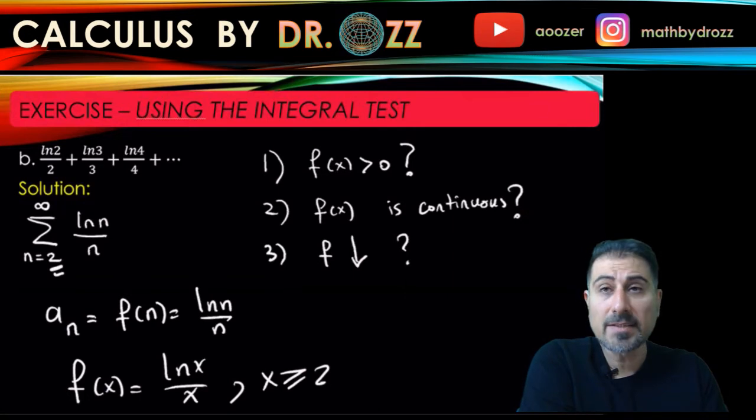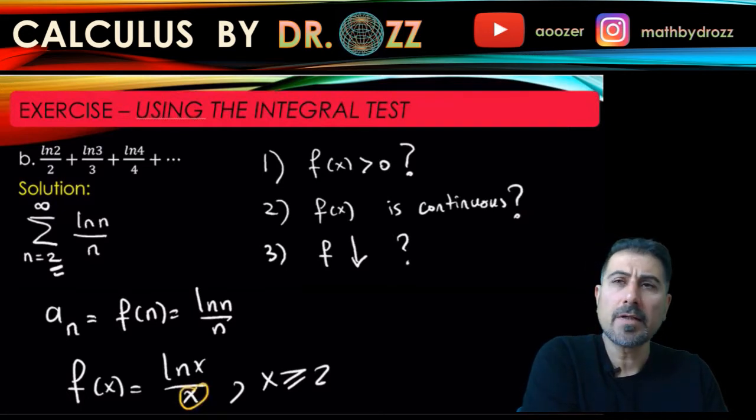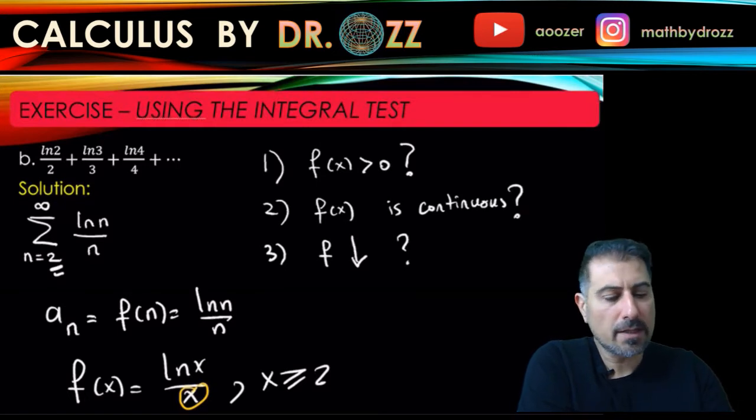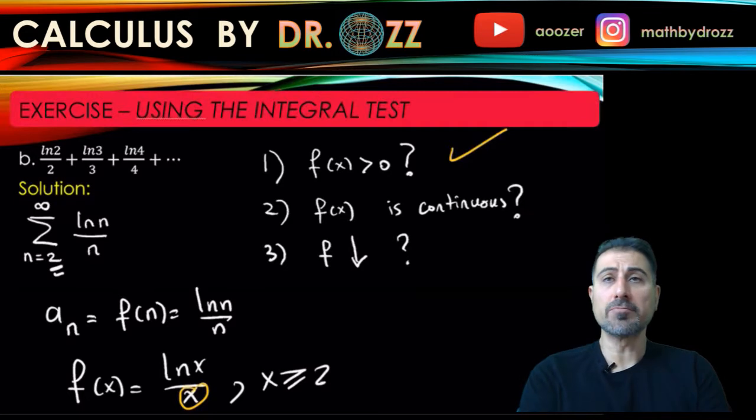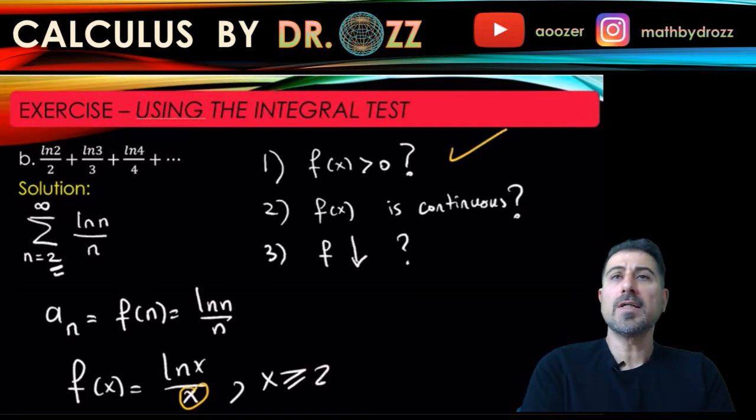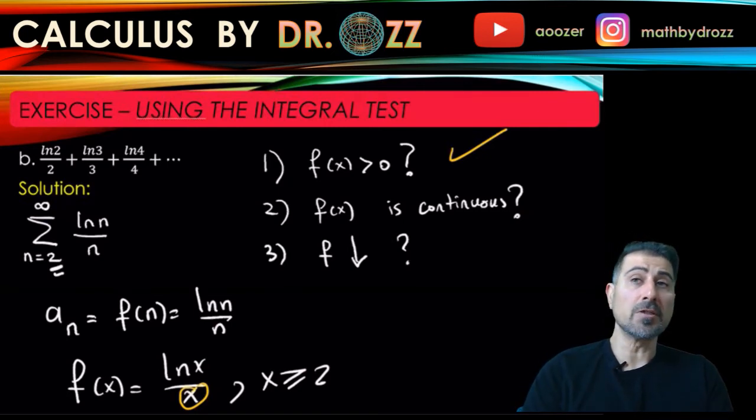Well, first of all, x is positive, and in fact, x is greater than or equal to 2. The bottom here is always positive. And ln 1 is 0, and anything that you plug in for x bigger than 1 makes ln positive. So I can put a check mark here that ln x over x is positive for x greater than or equal to 2. As well, ln x is continuous in its domain, which is the open interval 0 to infinity.